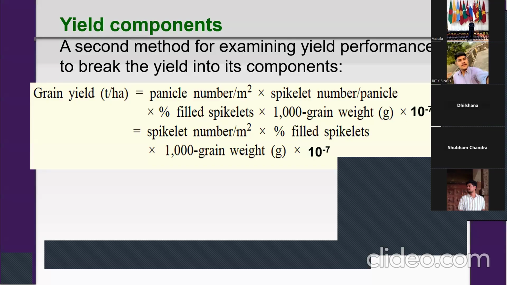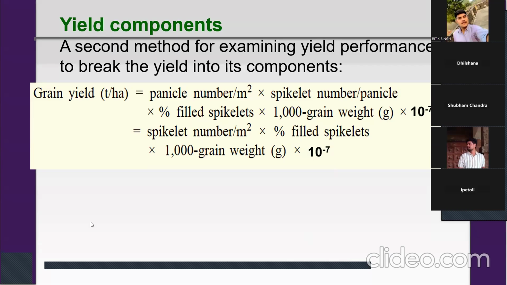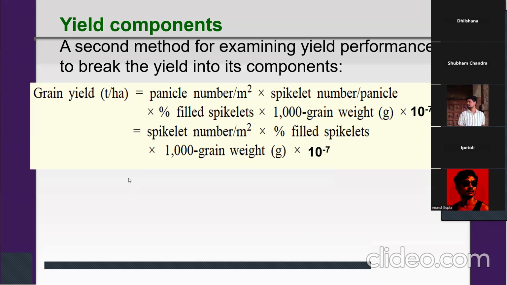And in the last link, I will try to finish everything for today. So this formula is really very, very easy to remember. You can work out the spikelet number per meter square, fertility percentage, 1000 grain weight, and into 10 to the power minus 7.